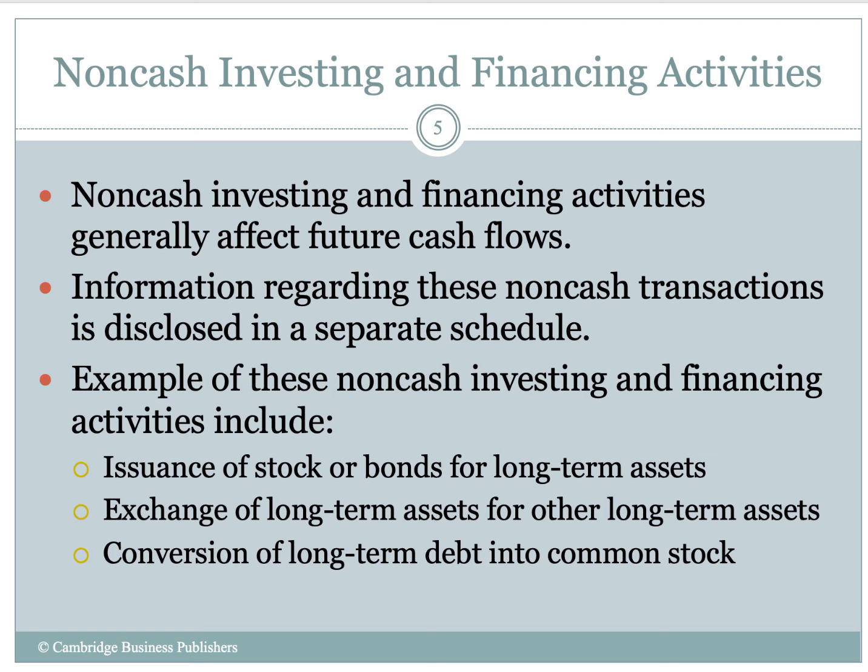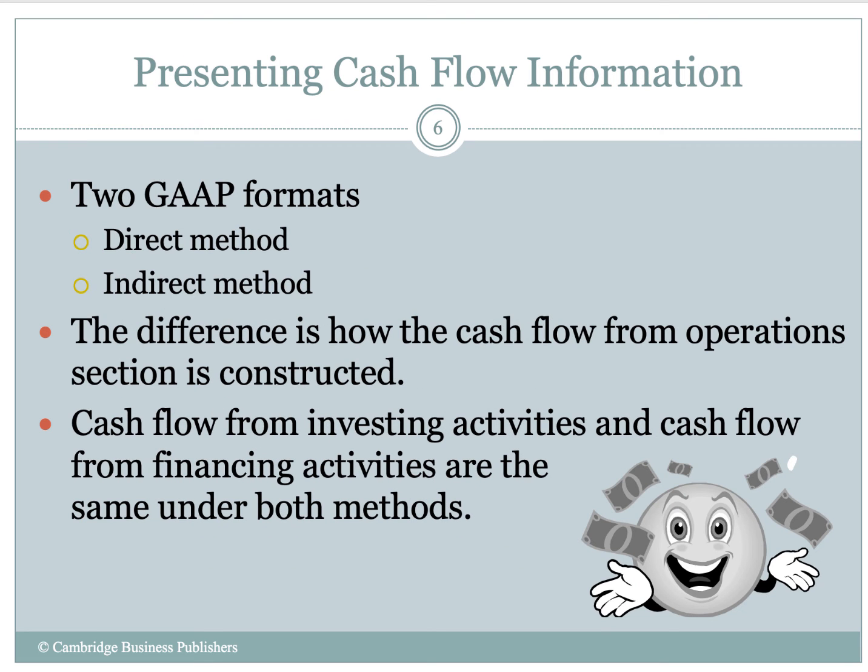And then if we ever convert long-term debt into common stock, that's the third example of non-cash investing and financing activities. So when we go through this chapter, we're going to look at how we present cash flow information, and we're going to work to put one together.